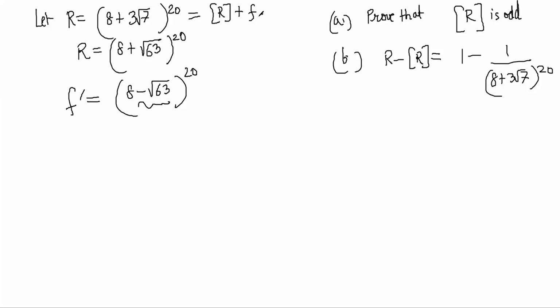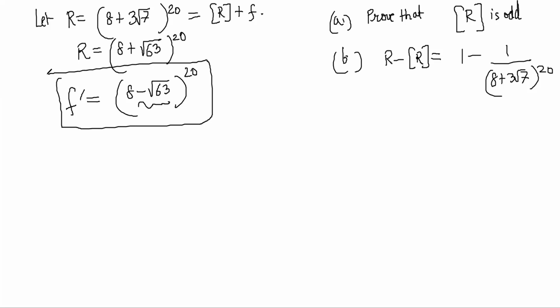Why am I writing 8 minus root 63 to the power 20 as f dash? Because it is less than 1.